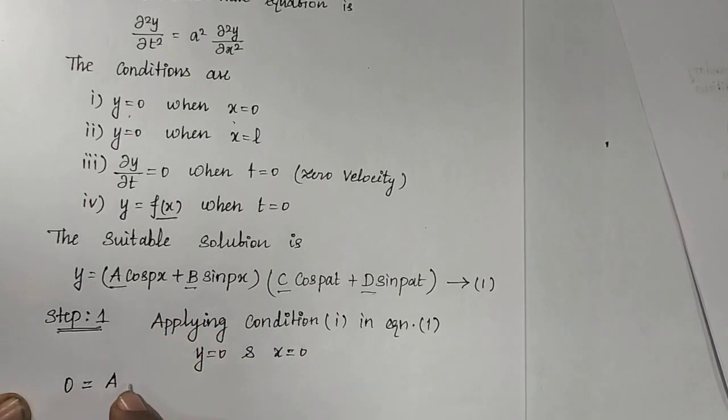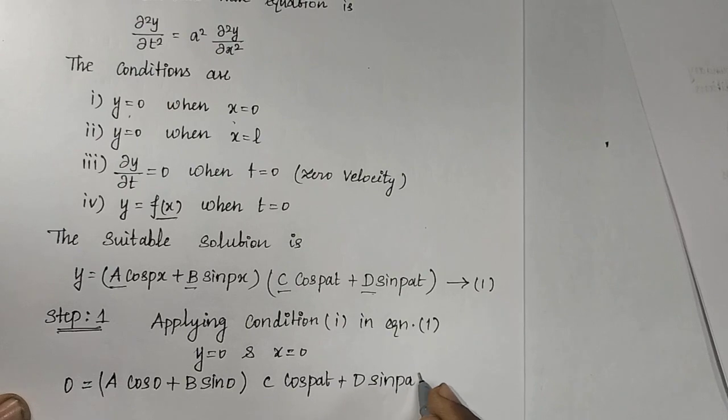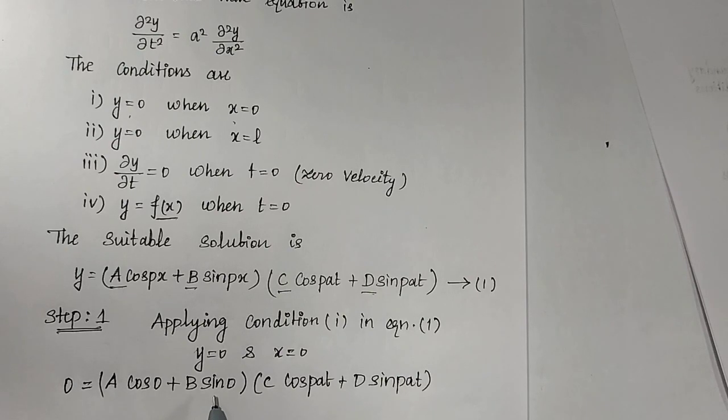So I am writing a cos 0 + b sin 0, then (c cos pat + d sin pat). Here there is no x term, so as it is we can write. Thereafter cos 0 = 1 and sin 0 = 0.